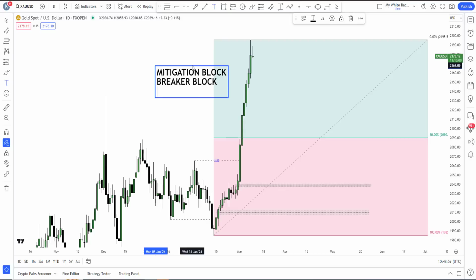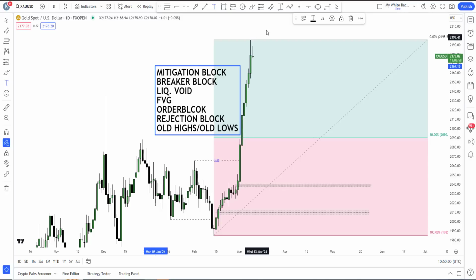You have a liquidity void. You have a fair value gap, or simply FVG. Then you have an order block, which is even the 5th when it comes to order of importance. And then you talk about things like rejection block, and then old highs and old lows. So this is the arrangement of all the 7 institutional reference points in order of importance.